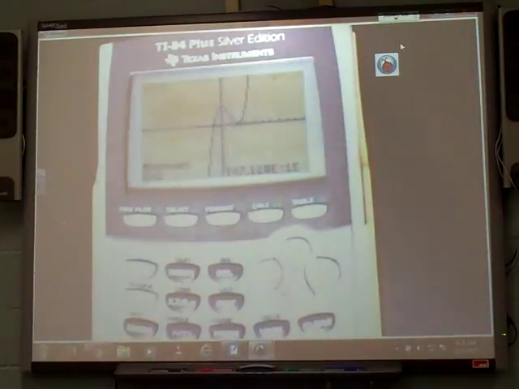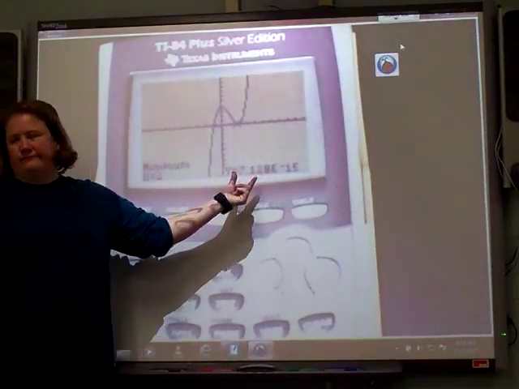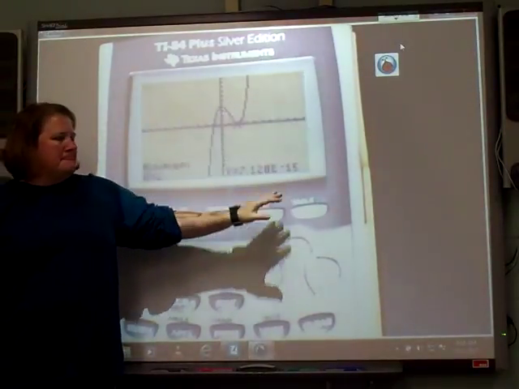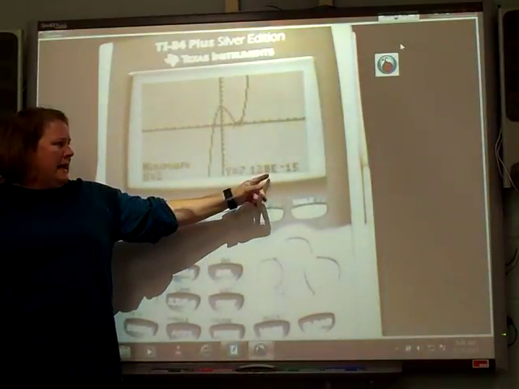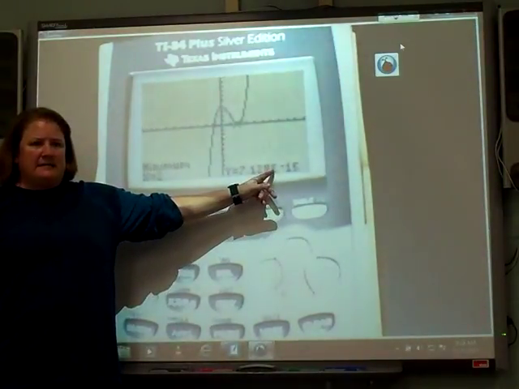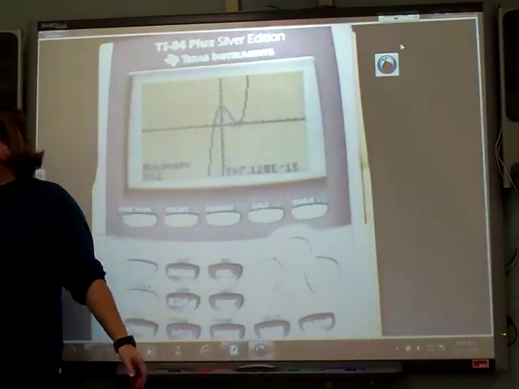Look at there. It says that at x equals 2. Now what the heck is this? I got 7.128. Remember, E is the same as, this is scientific notation, times 10 to the negative 15.